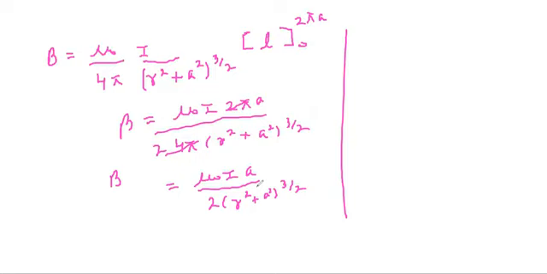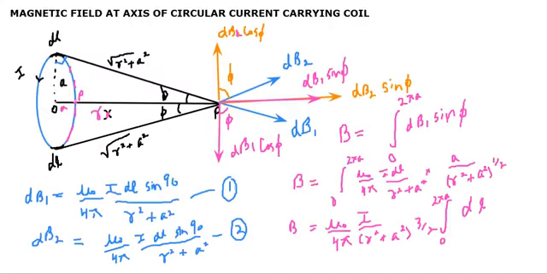This is your homework. You have to find the magnetic field at the center also and at the surface also by just replacing the value of r. When you're finding at the surface, r becomes a, and when you are finding at the center, the value of r becomes 0. So this is the way you can find the magnetic field at the axis of a circular current carrying coil.